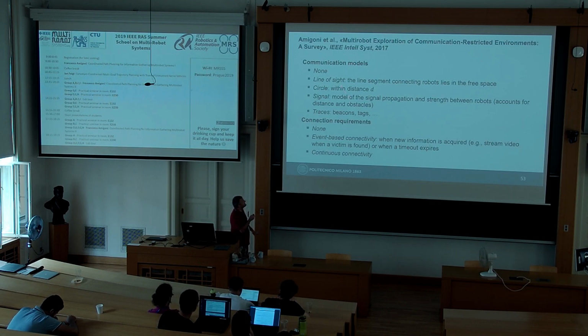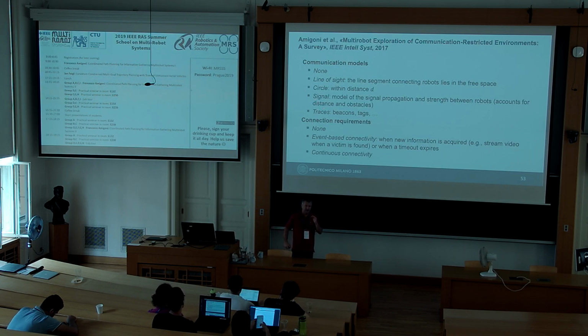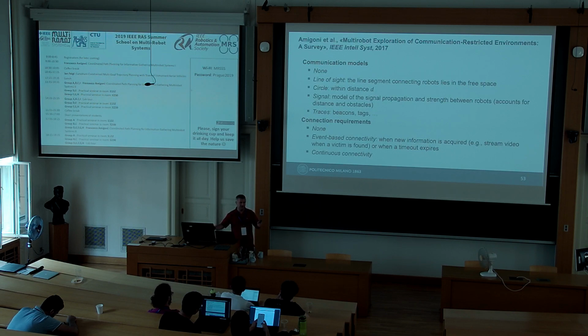These models are very simple, so as far as I know, there is no model available in robotics that is modeling, for example, the reflection of the signal in an environment, which, in the real world, is the basic mechanism for which you can use your cell phone in indoor environments.